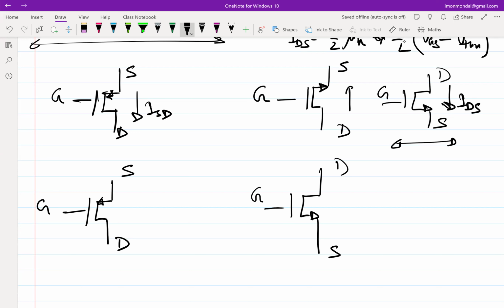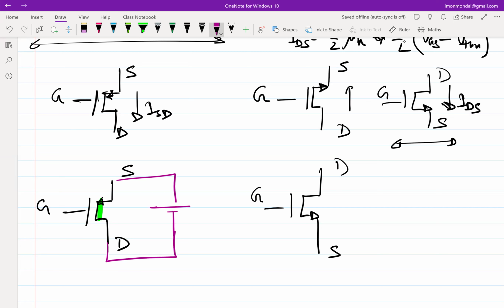What was the argument for the linear region condition? It used to happen because when we have channel charges and the source and the drain voltage are not identical. Let's say the drain voltage is much lower than the source voltage. So we have a battery between source and drain. So what is going to happen?